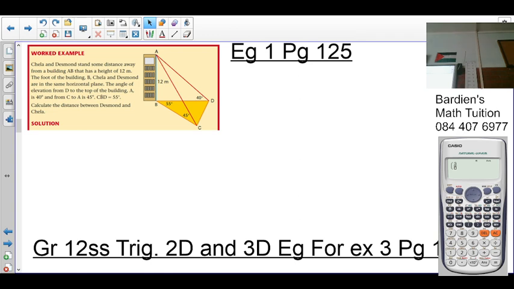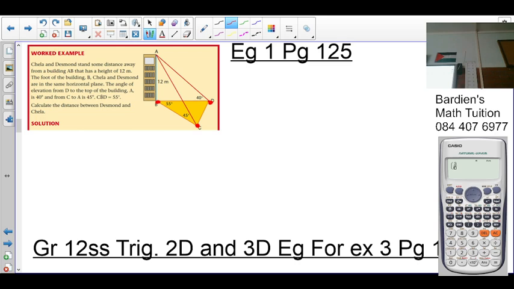From the foot of the building B, Sheila and Desmond are in the same horizontal plane. So that point B, Sheila and Desmond are in the same horizontal plane. So that is on the ground basically to us. Okay. The same horizontal plane.